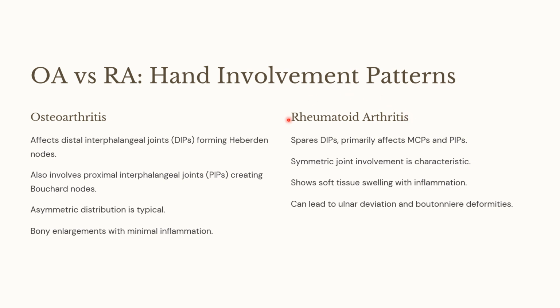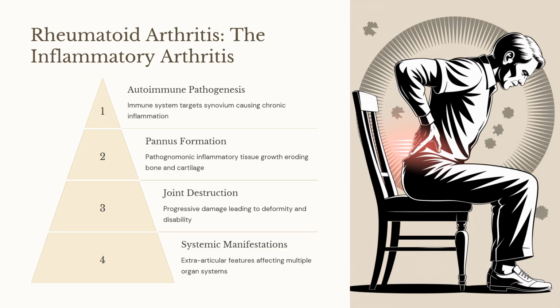Rheumatoid arthritis is an inflammatory disease, so the body will be producing inflammation against the joints. Therefore, the inflammation will be all throughout the body, so the joints will also be affected symmetrically. Symmetric pattern is characteristic. Along with involving the MCP as well as PIP joints, it will also result in ulnar deviation and a boutonniere deformity.